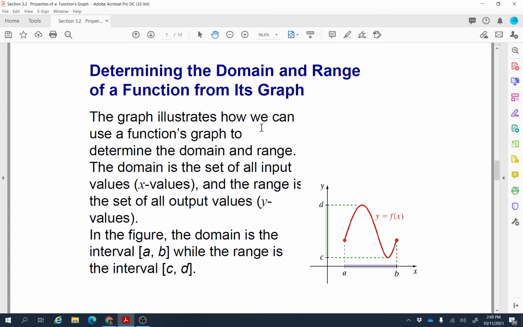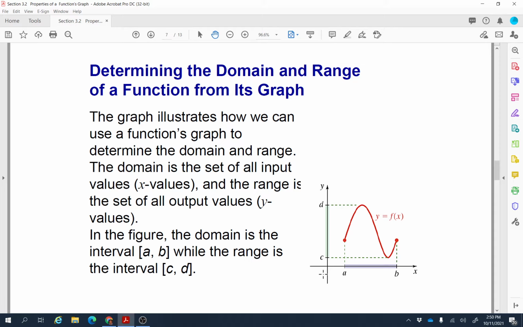For finding the domain and range of a function, we look at the x-axis and then the y-axis. Domain means all the possible x values for that graph. As you can see, this graph is going from left to right, and down to up.